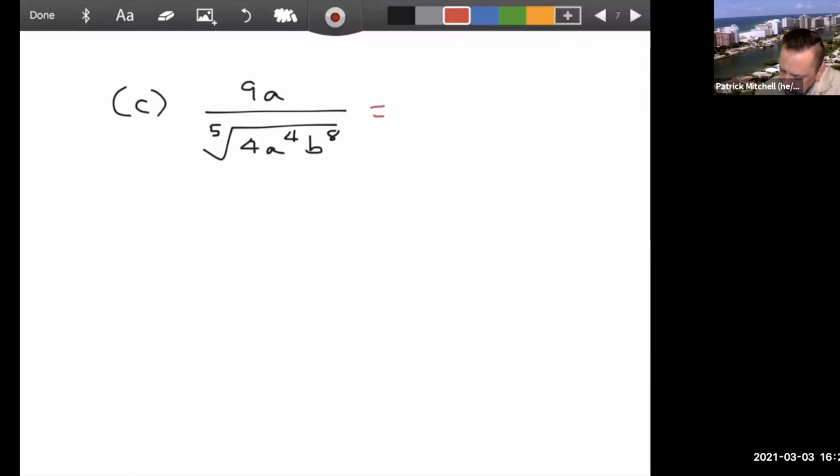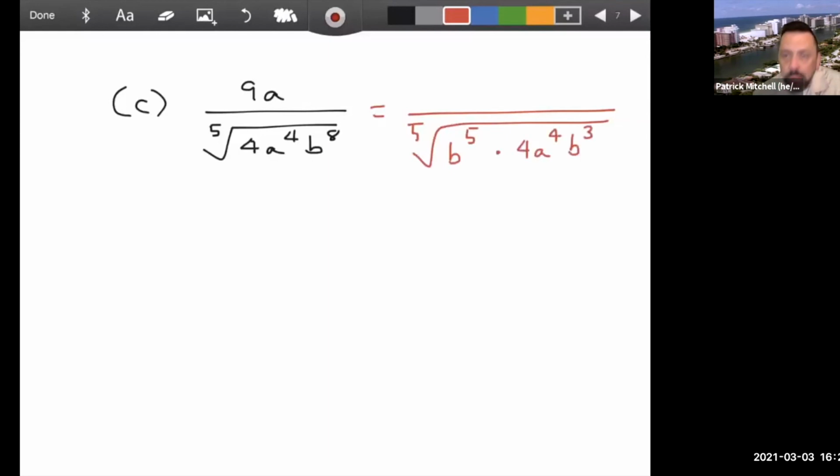Because there is a power under there that is bigger than 5. That means that I can break off a perfect 5th power, which would be b to the 5th, and then the 4a to the fourth, b to the third. That would be what we've always called a leftover.